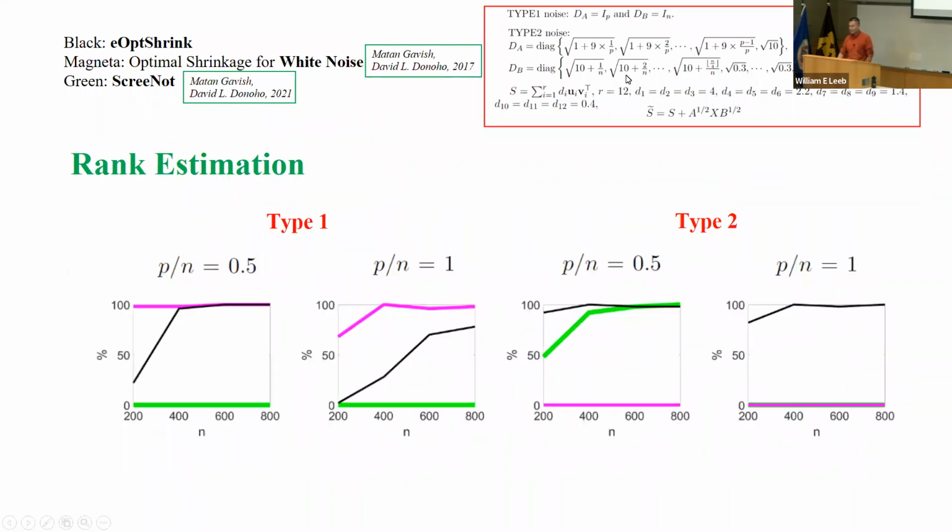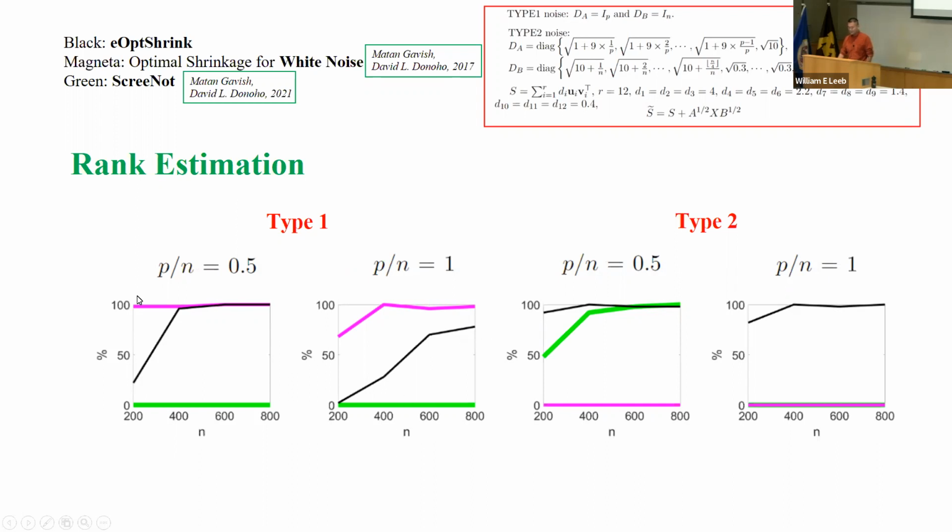And because we know what R plus is in our simulation data, which is 6, in type 1 noise you can see as N grows, the percentage of correctly estimated rank for our method, the black line, converges to 100%.